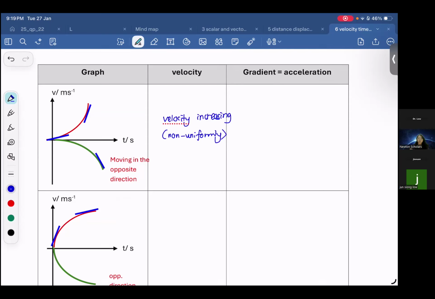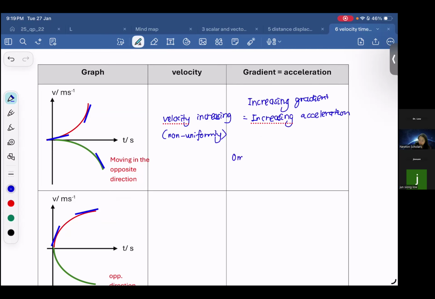Gradient represents your acceleration. Can you tell me whether your gradient is increasing, decreasing, 0 or constant? Increasing. So the gradient here is increasing, and since gradient is acceleration, it will be increasing acceleration. Increasing acceleration means that we accelerate, we speed up. Am I right?